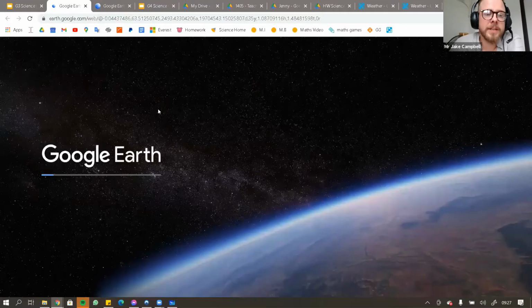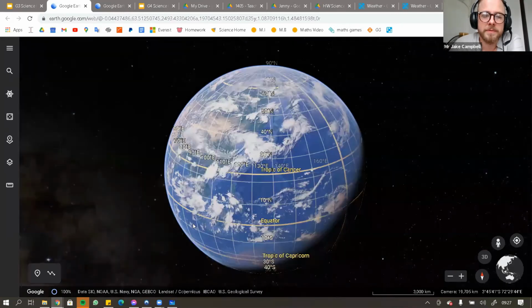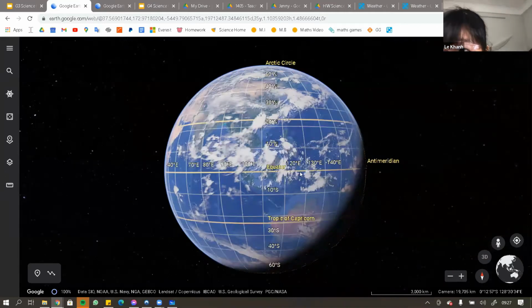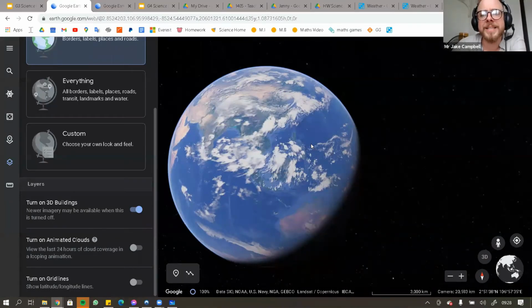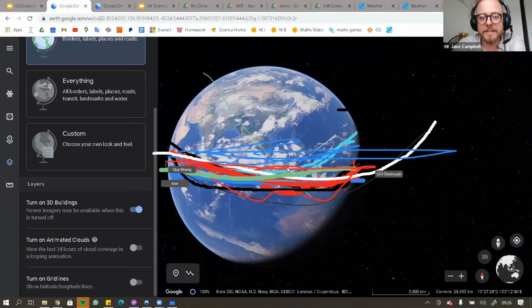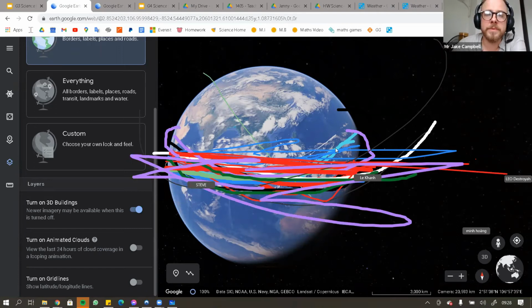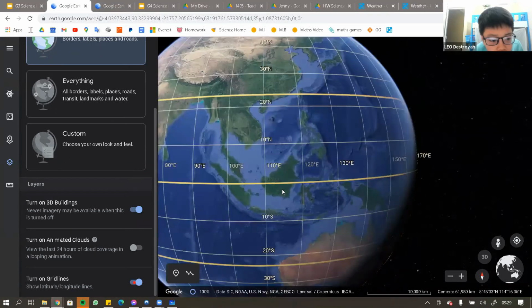Okay, class, we are going to Google Earth. So this is a model of where we live. This is our planet Earth, okay? Class, I would like you to draw a line where the equator is. Okay, good. All right, does anyone know the names of any countries that are on the equator?